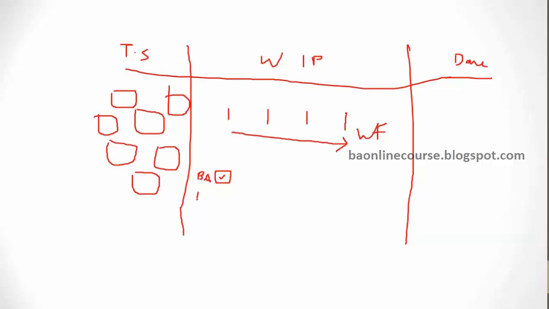Then the technical architect, so the requirement is completely documented. Then, if you look at it, he would have to do it for 7 of them.